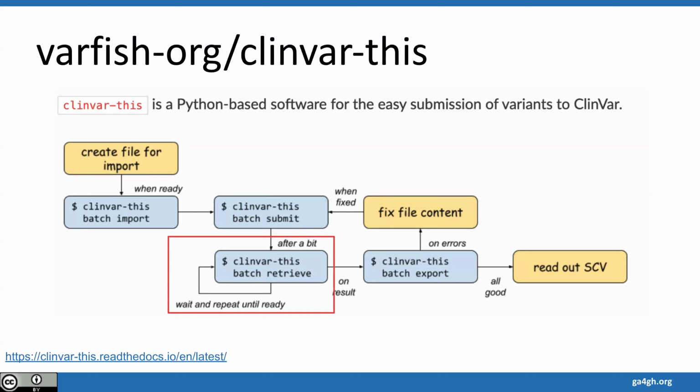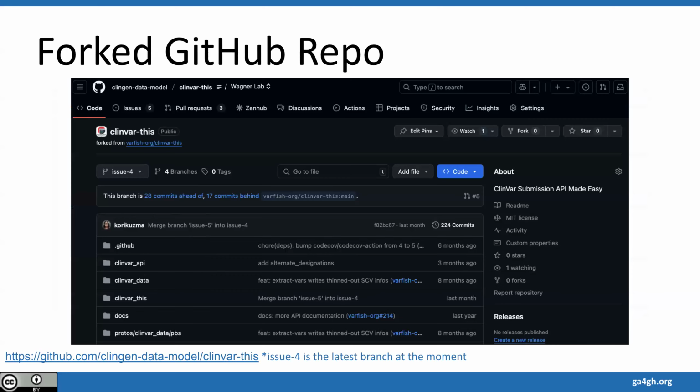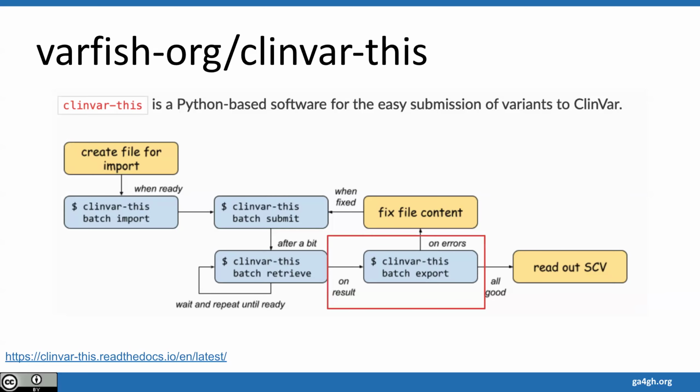You keep repeating this command until you get one of those statuses. The other status is in processing. ClinVar This batch export allows you to export batch data to a given file. ClinVar This provides logs and output files in this workflow, and it's really nice to have this data persist.